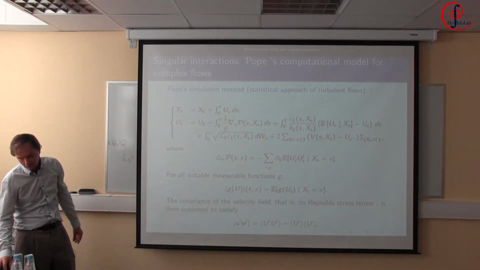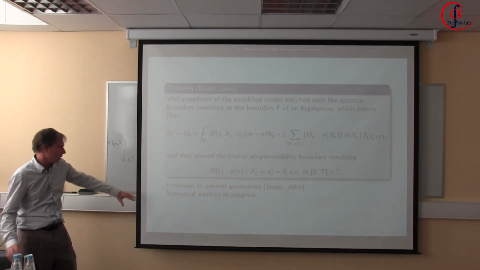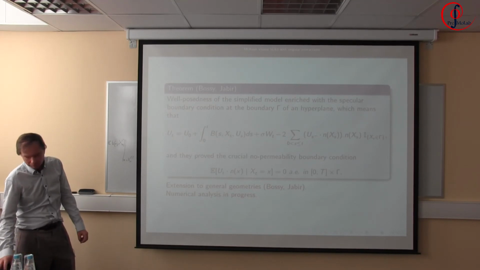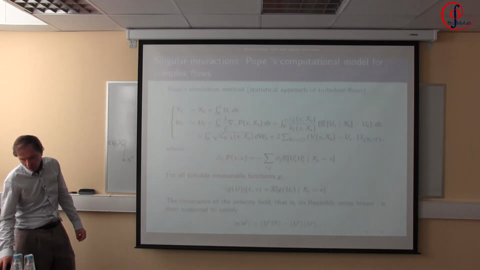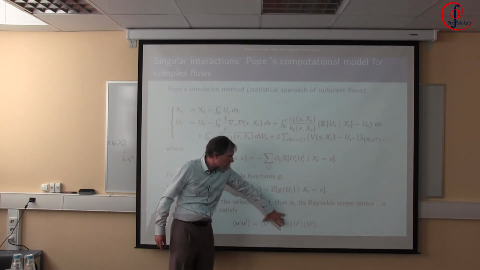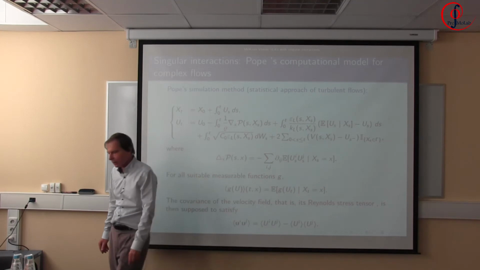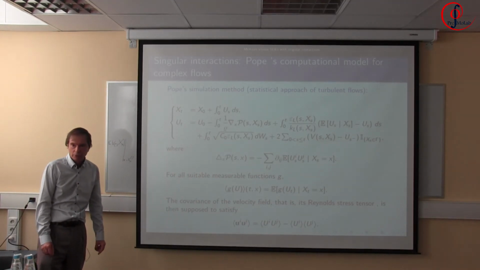So it's very important to get estimates on the accuracy we can expect on, for example, the Reynolds stress tensor approximated by means of the empirical distributions of the particles.